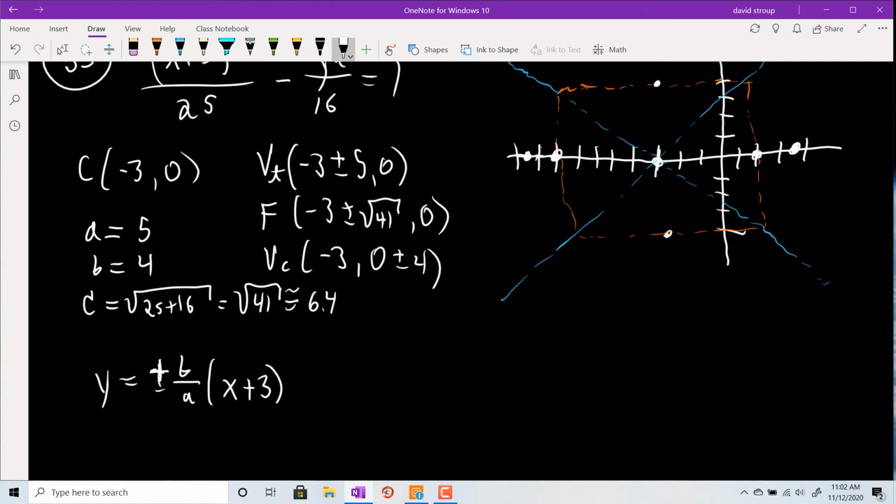So we'll just leave it at that. So what is the b and the a? So b is 4, a is 5, and then x plus 3. Okay, so it's the asymptotes, and let's get the branches drawn on now.